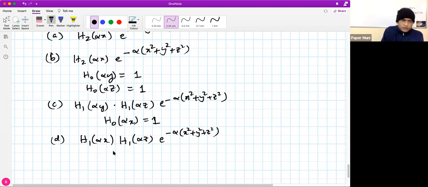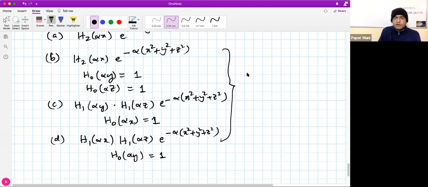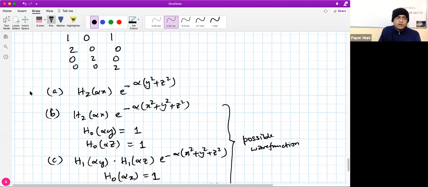All right, so what is 1 here? This is 0, alpha y is equal to 1. Okay, so all these, except this one, could be the possible wave functions for the state. All right, so what is not possible is this one, and according to the question, this is the correct answer.